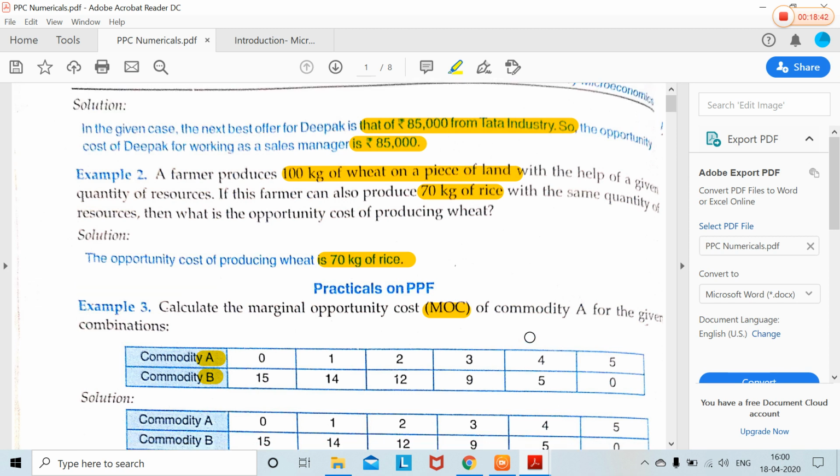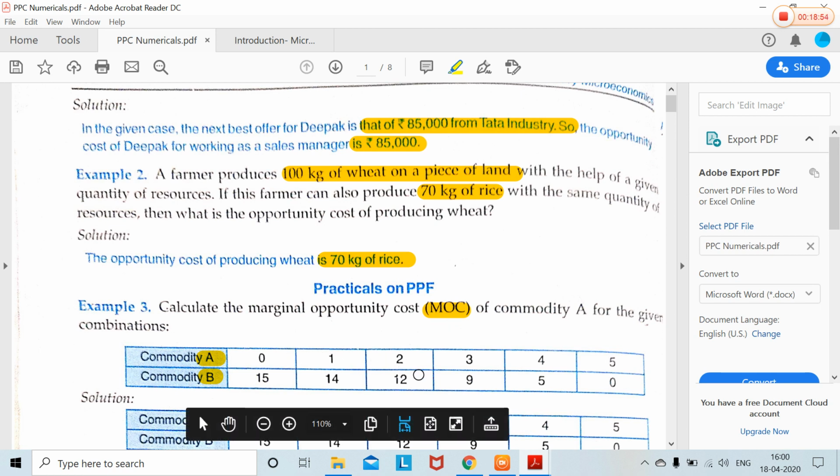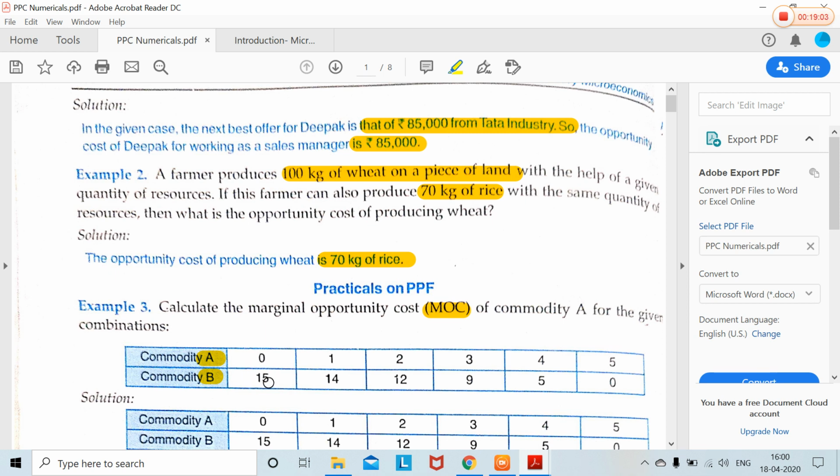Okay, so let us just see without revealing the answer first. Again, MOC is the number of units lost for gain of one particular unit, and here gain of one unit is only given, so MOC is very easy to find. In the first case, 0 and 15, we have not lost anything, we have not gained anything, we are just using all our resources for B. So commodity A is 0, and in this case we'll put a dash.